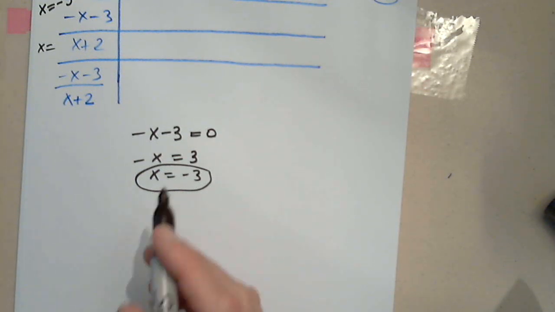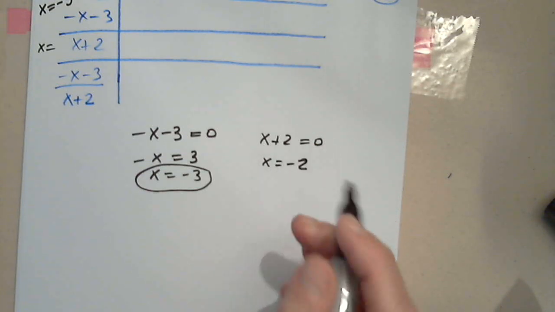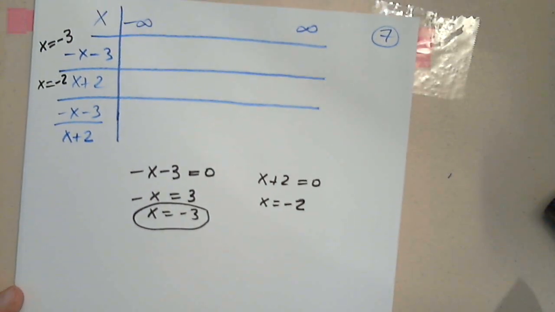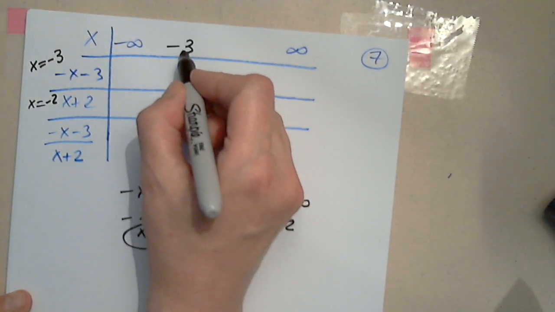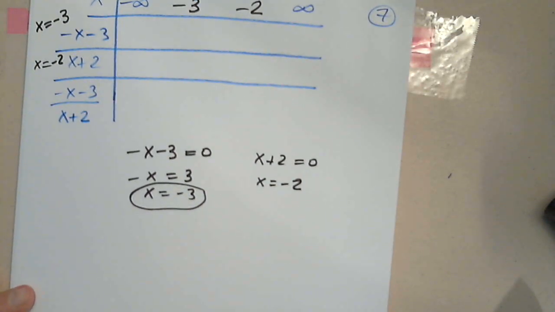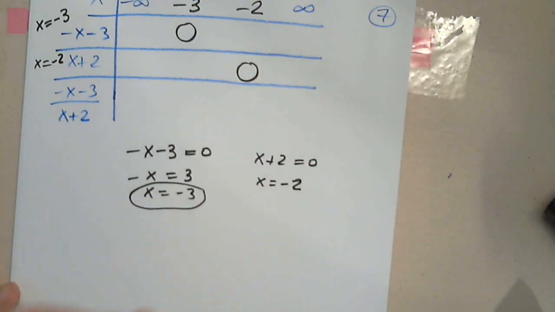And the second one is x plus 2 equals 0 when x is negative 2. Be very careful how you put them in. The -3 has to go in first, and -2 is greater than -3. I put 0 where 0 belongs.